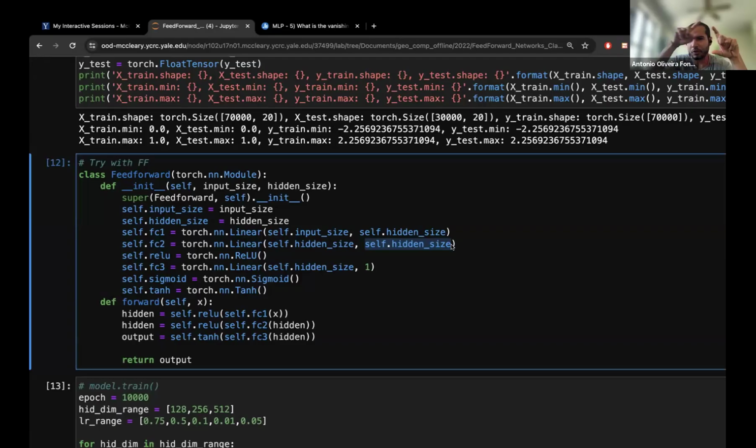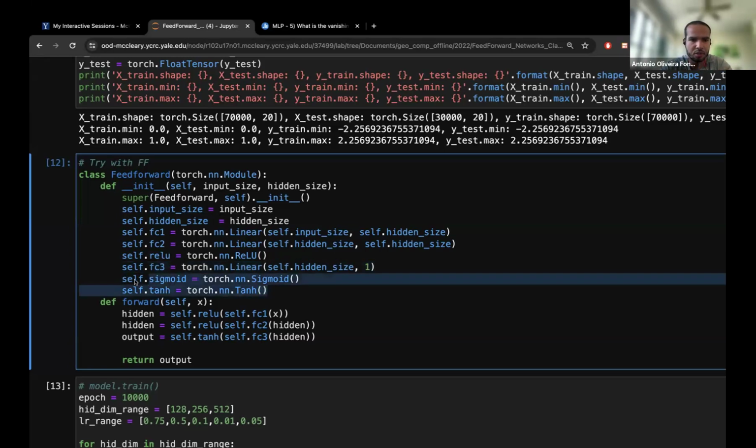So it's just a fully connected network happening in the middle. The activation function that I'm setting here is the ReLU. Finally, I have one last layer, which is projecting from this hidden size to 1, which is now my output layer. So FC3 by all means is the output layer at this point.